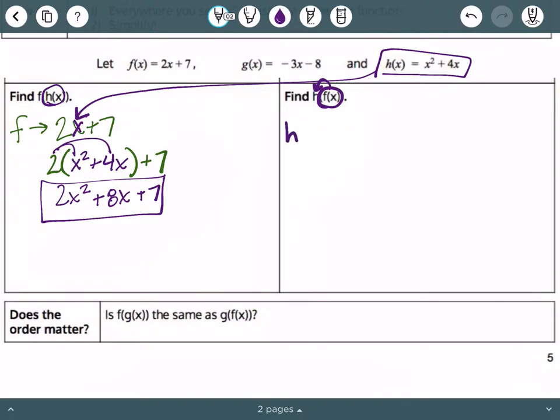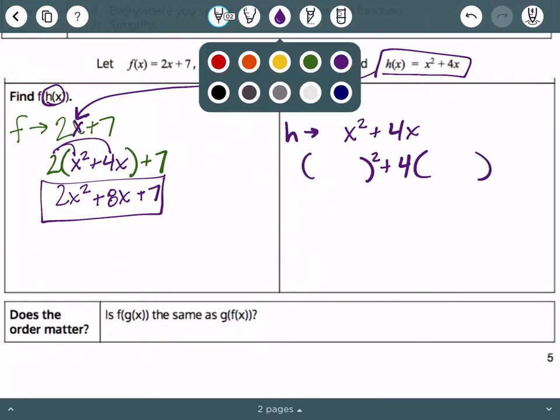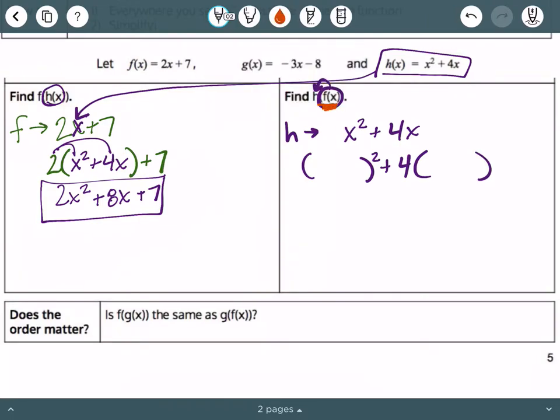So I'm going to start with h. The h equation is x squared plus 4x. Everywhere I see an x, I'm going to replace it. So here I see an x squared plus 4 times that x, right? In this function, it says that we want to get the f of x equation. So that is right here.